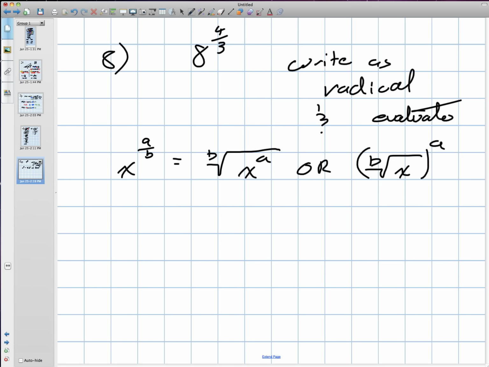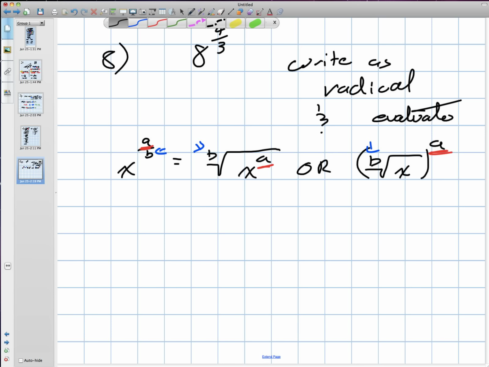Either of these is acceptable. What this is saying is if you have a fraction, the numerator a becomes a whole power, and the denominator b becomes the root.